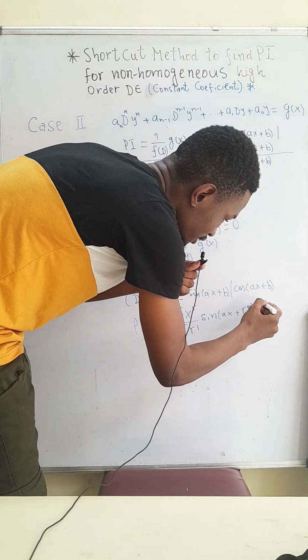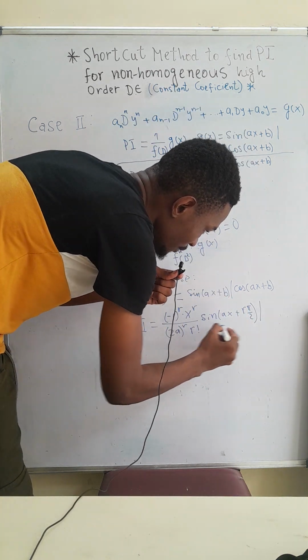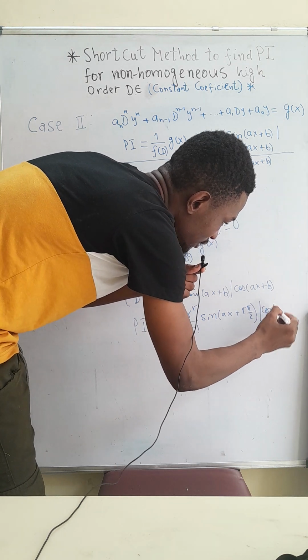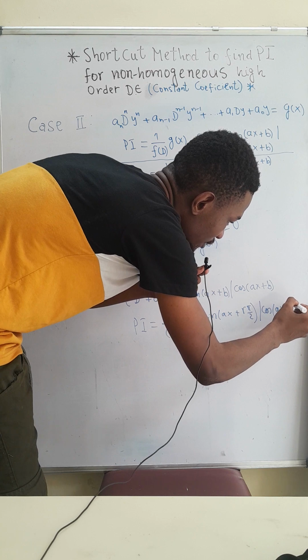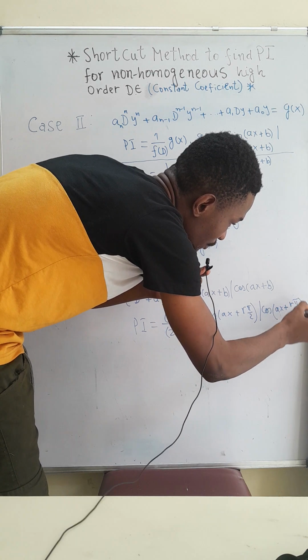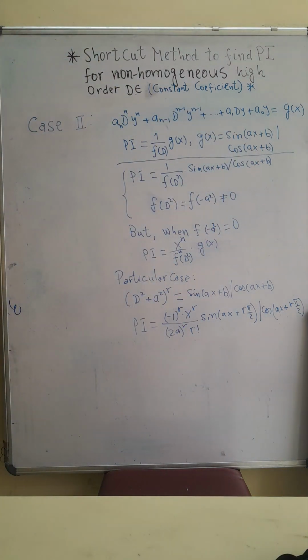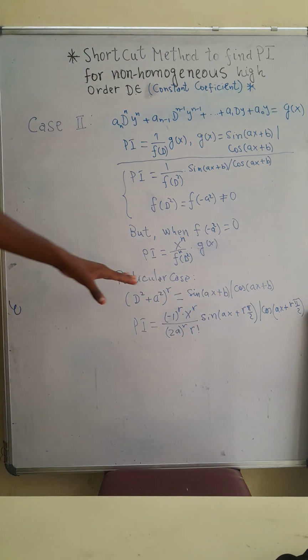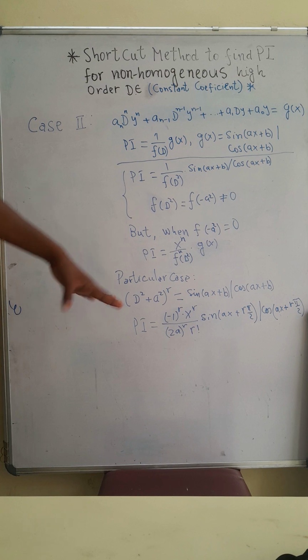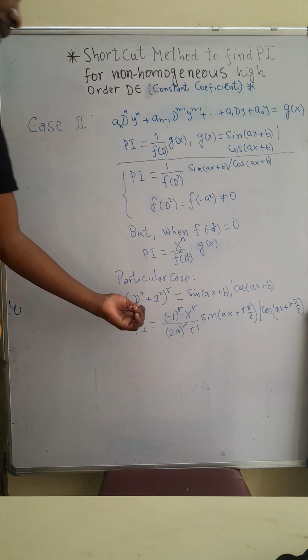If it is cosine, then you just put cosine of ax plus r pi by 2. This is the general way to write the solution for this case, most of the time. Sometimes you get something like this.